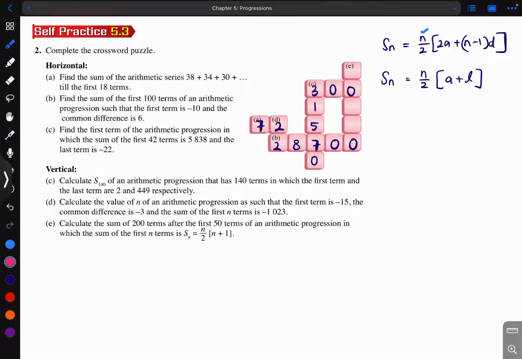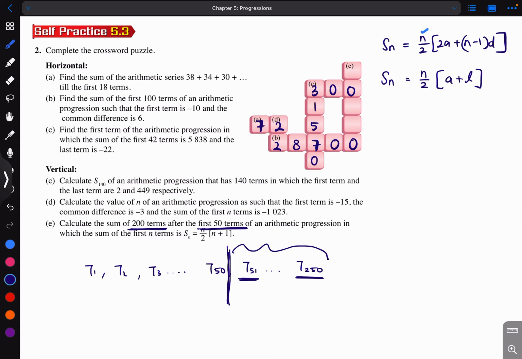Okay, so basically what they want us to do is, you have the first term, second term, third term until the 50th term, and then you have some more until 250. So they want us to find the sum of 200 terms after the first 50 terms. So 50 terms is here. They want us to find the next 200. That means from 51 to 250.